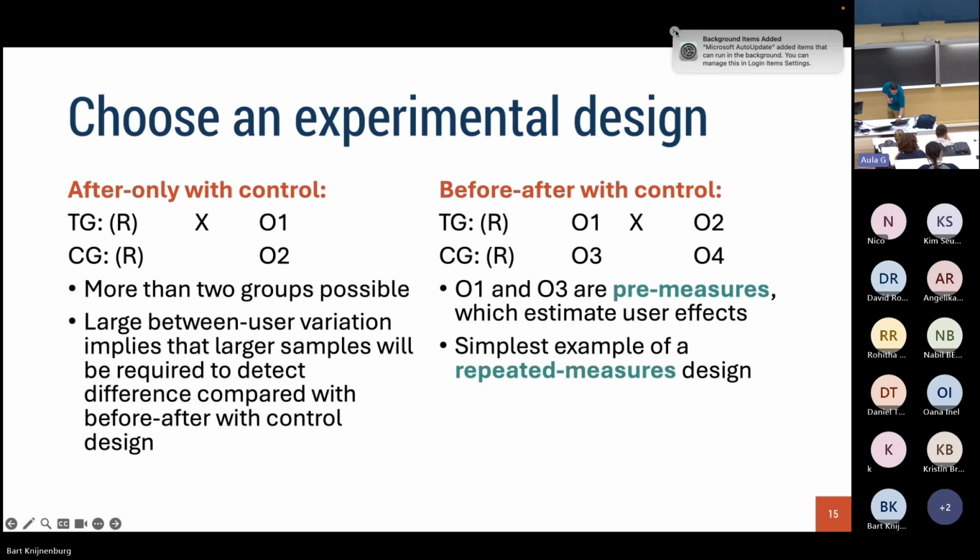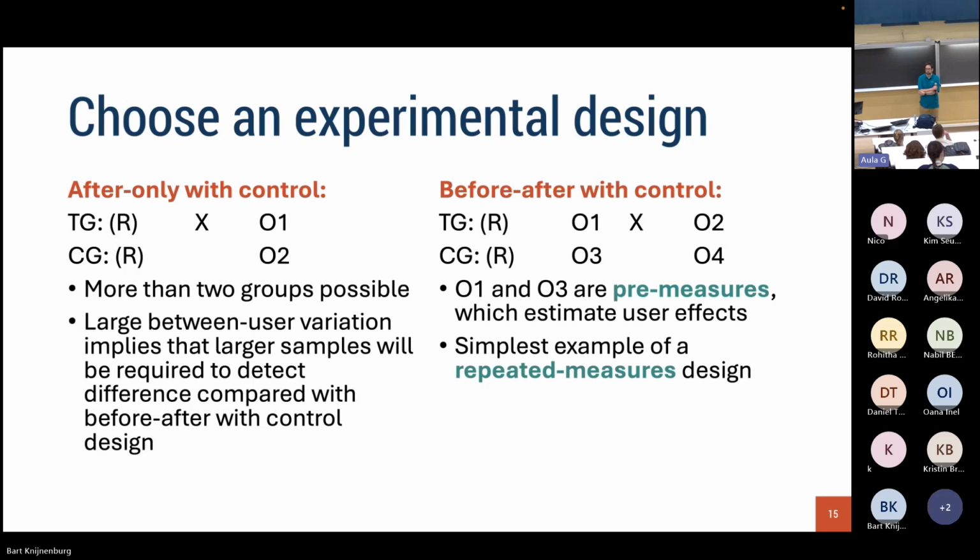And then the letter R there indicates randomization, random assignment, all right? X's are going to be treatments, O's are going to be observations, all right? So if we look at the design on the left, it's called the after-only with control group. I think of this as the simplest design that we can possibly have. We have two groups. We have a treatment group and a control group.